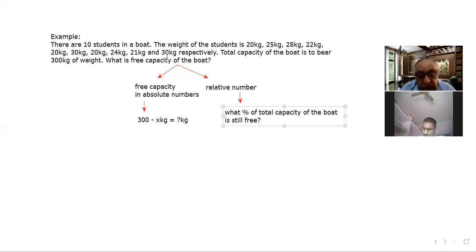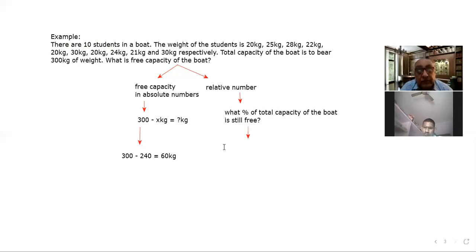If we are to do it with absolute numbers, we will take the total capacity which is given, that is equal to 300, minus the capacity of the boat which has been utilized. I think it is 240 kg, and the free capacity of the boat is 60 kg. It means individuals, or some weight up to 60 kg, can still be loaded in the boat, right? So that can be the way.